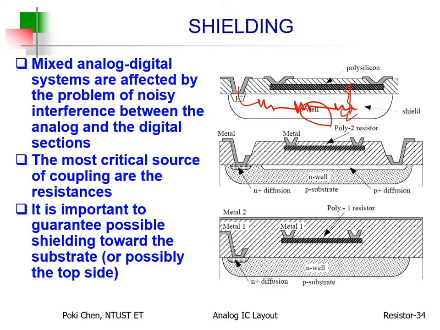Then you may think, okay, I have such kind of P plus diffusion. Here again, that is P substrate, N well, see? And then on top of the N well, we can have such a P plus diffusion, right? Because P plus means the conductivity is much, much better than N minus. It is good.